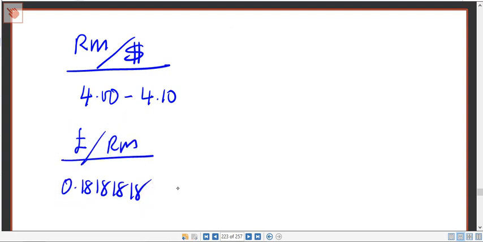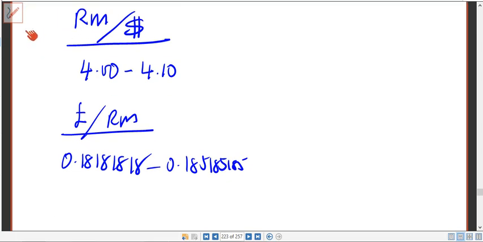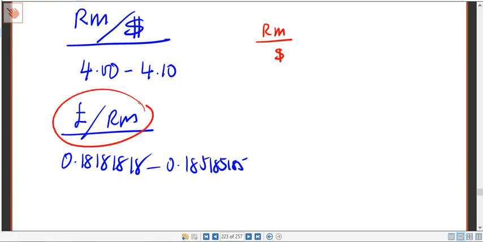0.185185185. Okay, so if you want to cross it, you got here RM to a dollar. Am I right? And I'm going to put this one second.